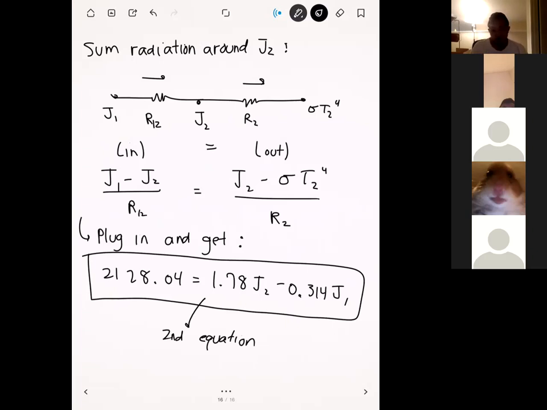Now that we have the equation on the previous page and this equation here, we can solve for them simultaneously in order to obtain J1 and J2.